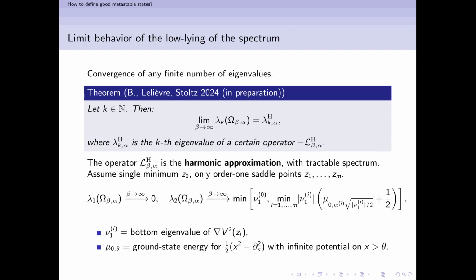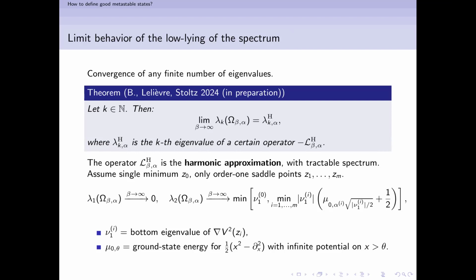It's really similar to what you do when you don't have a boundary. But the point is you can exactly compute the eigenvalues of this operator. So you can compute the limit of this function.